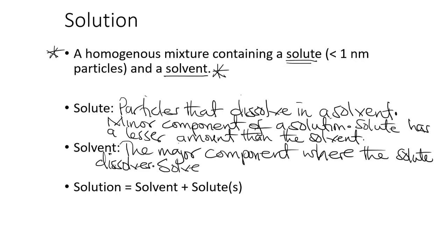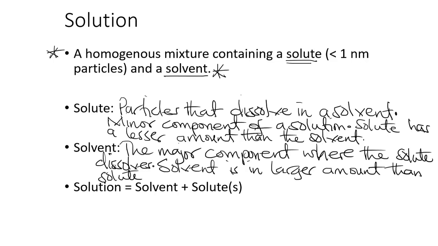So solvent is in larger amount than solute. So for you to make a solution, you need to have a solvent and a solute. Sometimes you can have two solutes.